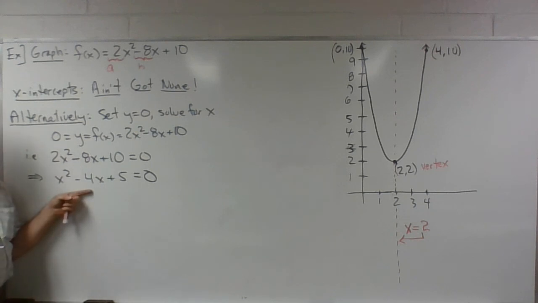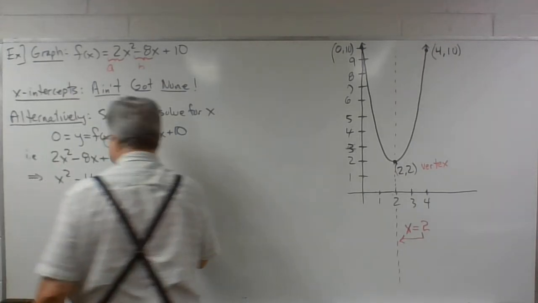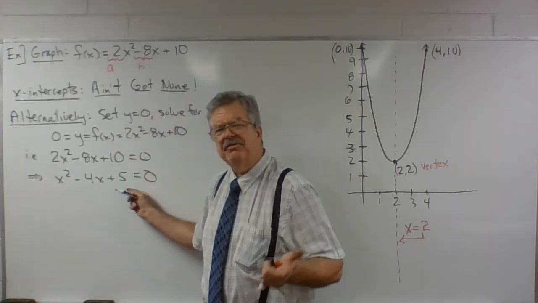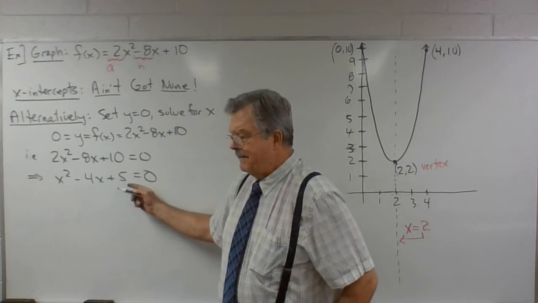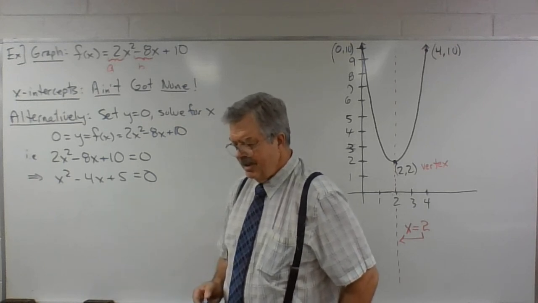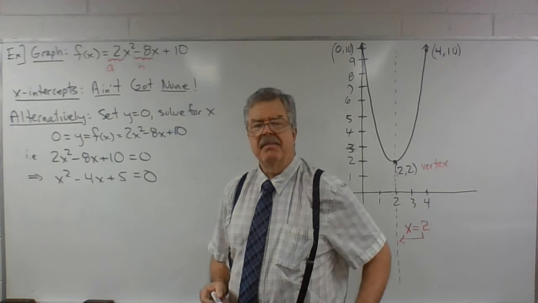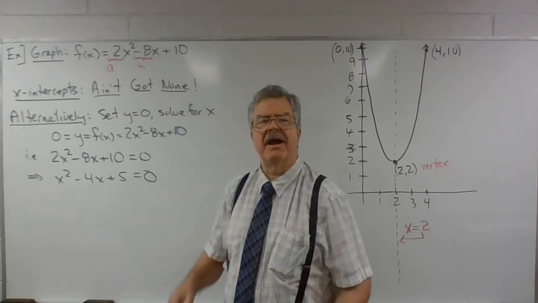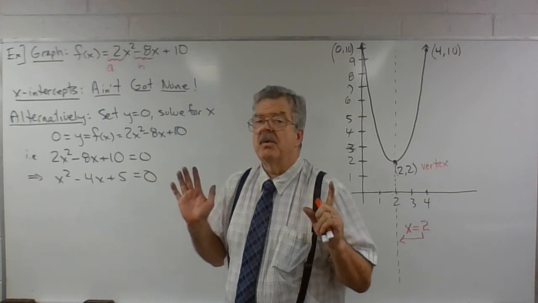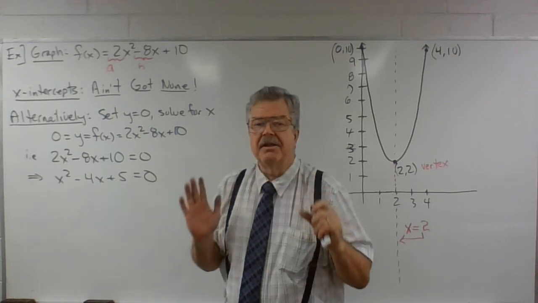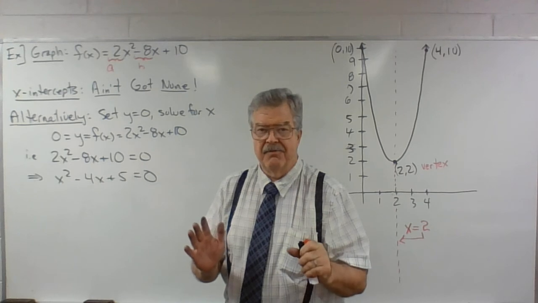And I look at this thing and I'm thinking, I'm not sure exactly how this factors. Does it factor? Maybe it does, and maybe I'm just so tired I can't think. So what do I do in a case like that? I use the quadratic formula.